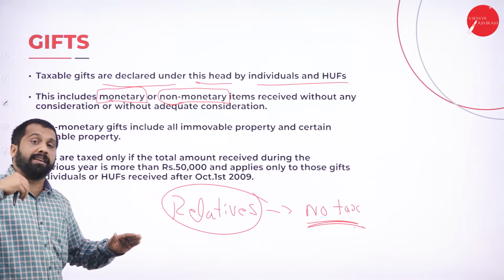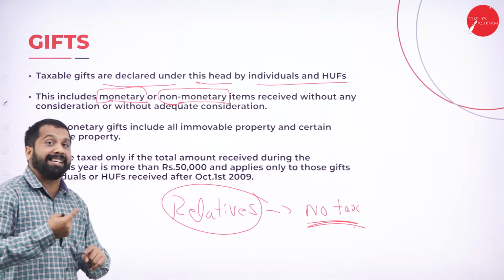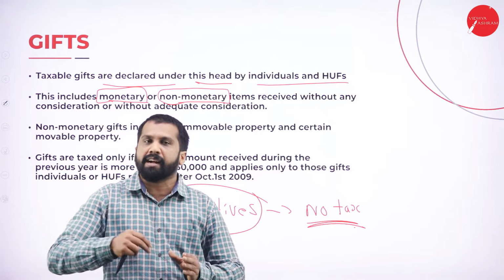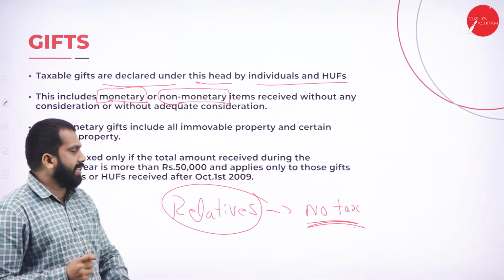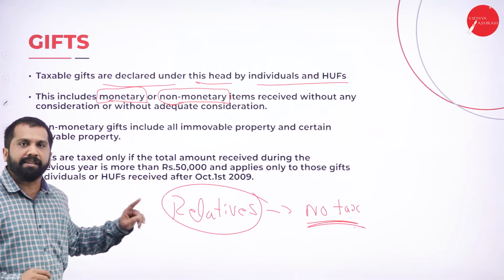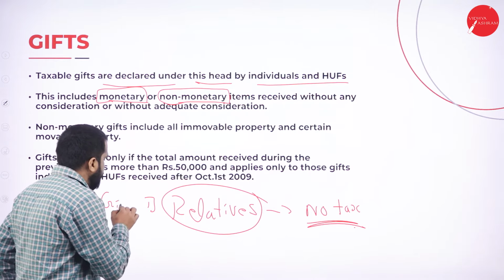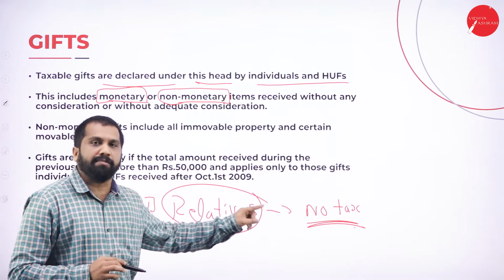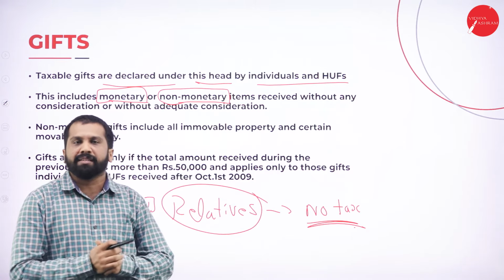If your friend's uncle or your friend's dad gives anything like this, it is taxable. Your own relatives, your side or your spouse's side, anything you have collected, we call completely exempted. Clear? This is the first point you have to remember in case of gifts. Any gift collected from relatives, always no tax.